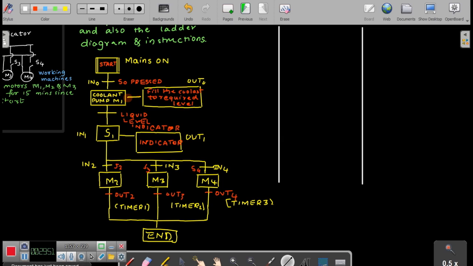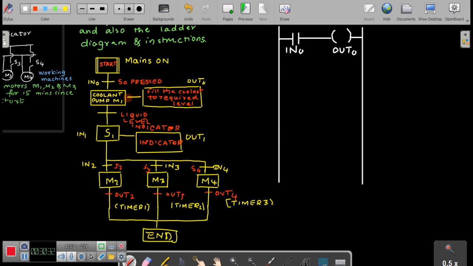Assuming that your mains is on, I will first take one input, followed by its corresponding output. The input here is IN naught, and out naught is the output. So this is to begin with.